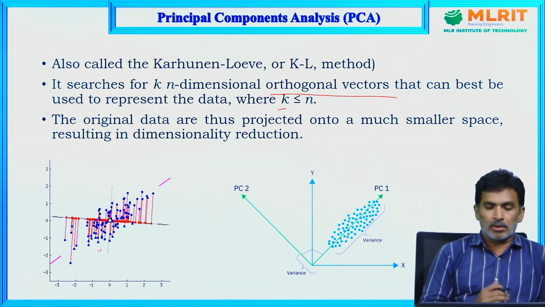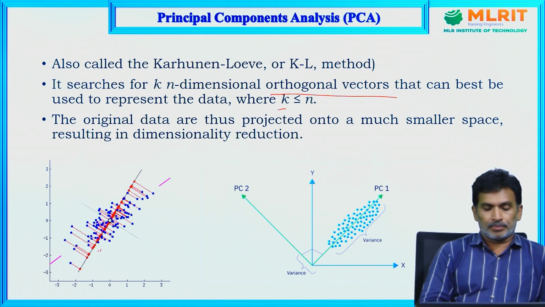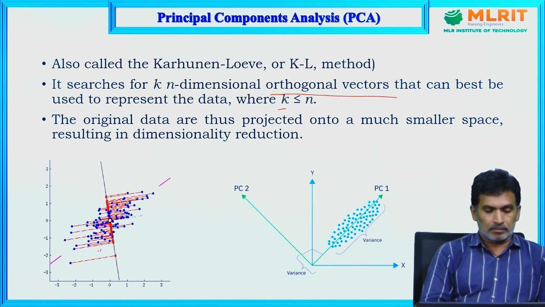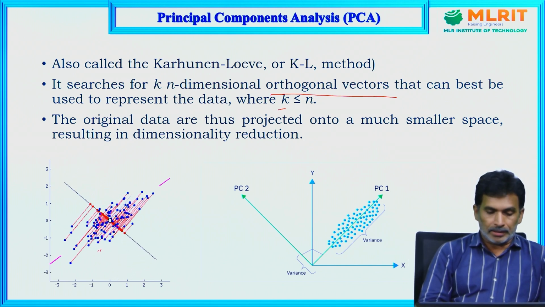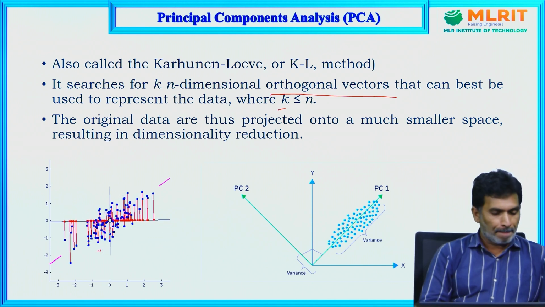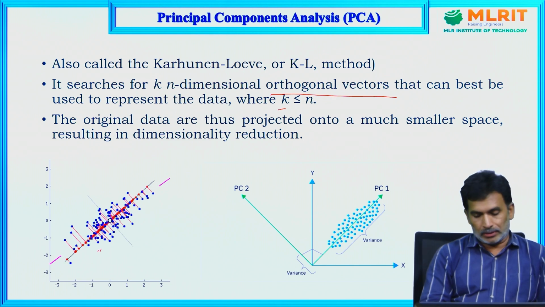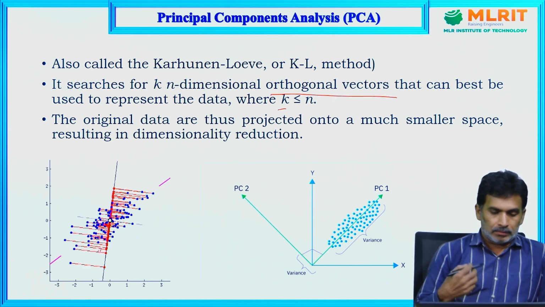But if you reduce the number of features, will the reduced number of features give the same information or not? That is the question we will answer in this principal component analysis. So first let us try to understand from these figures what these principal components are, so that we understand the analysis much better.